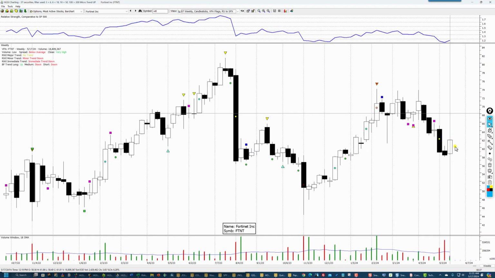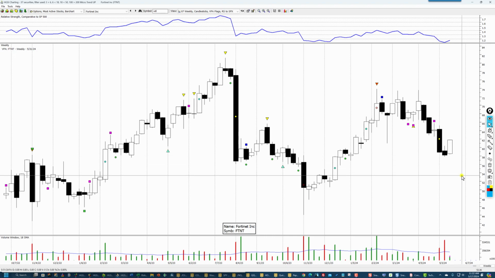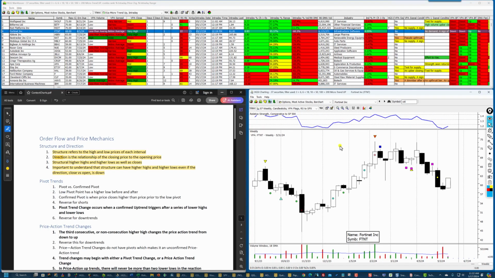And then the weekly charts. What's the weekly chart saying? Weekly chart is still in a downtrend based upon both structure and the lack of a confirmed pivot. Now, confirmed pivots are something I'm going to get into in a different video. Okay, that's a brief explanation.